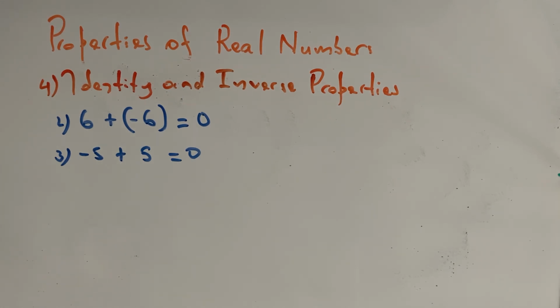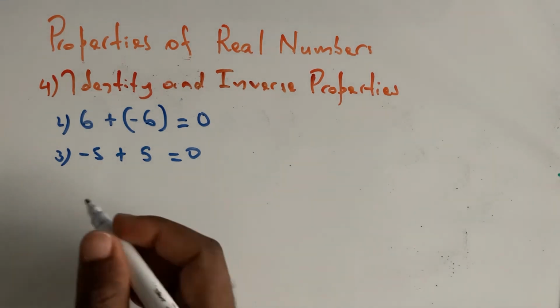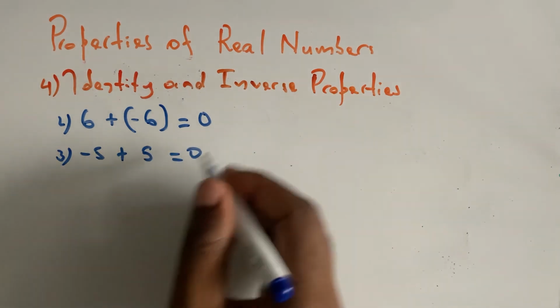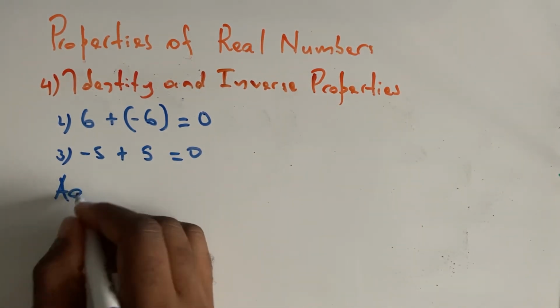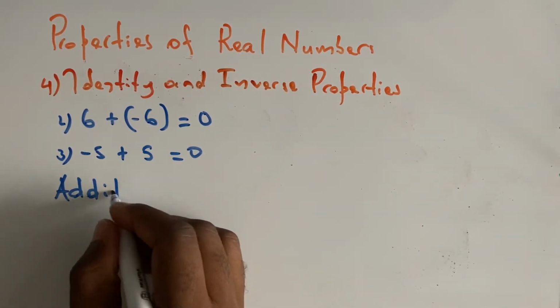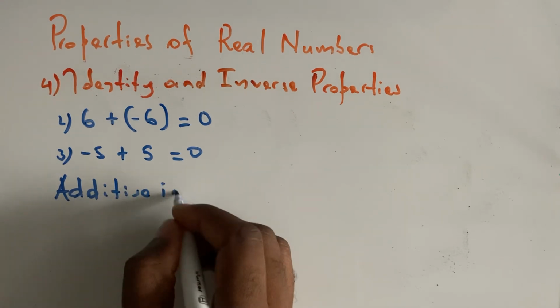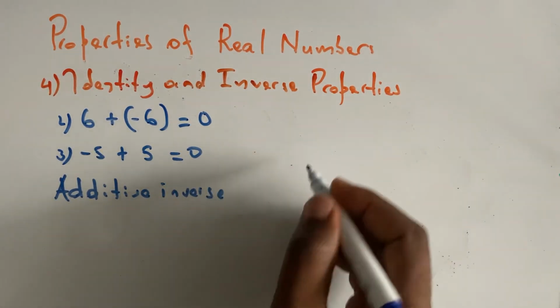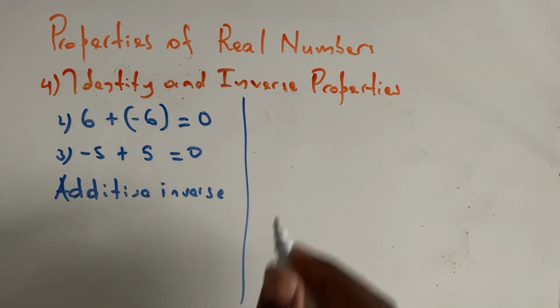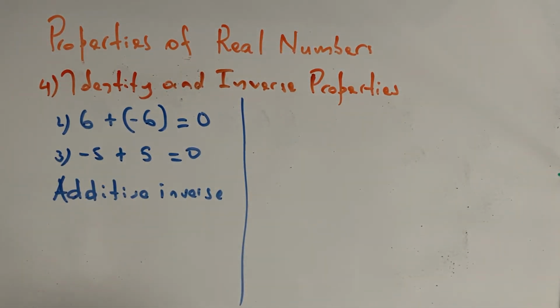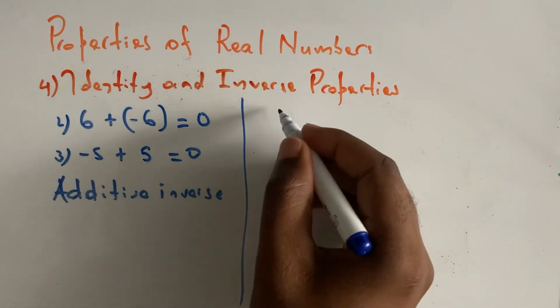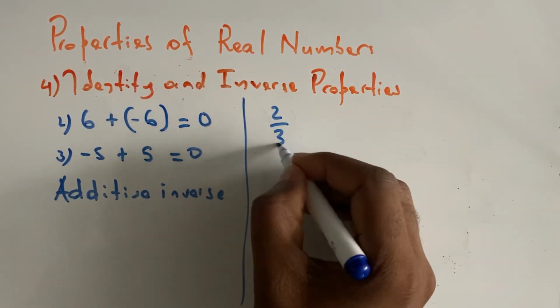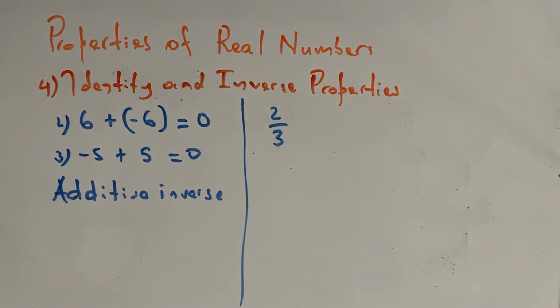Now for multiplicative inverse, let's say you have something like 2 over 3.